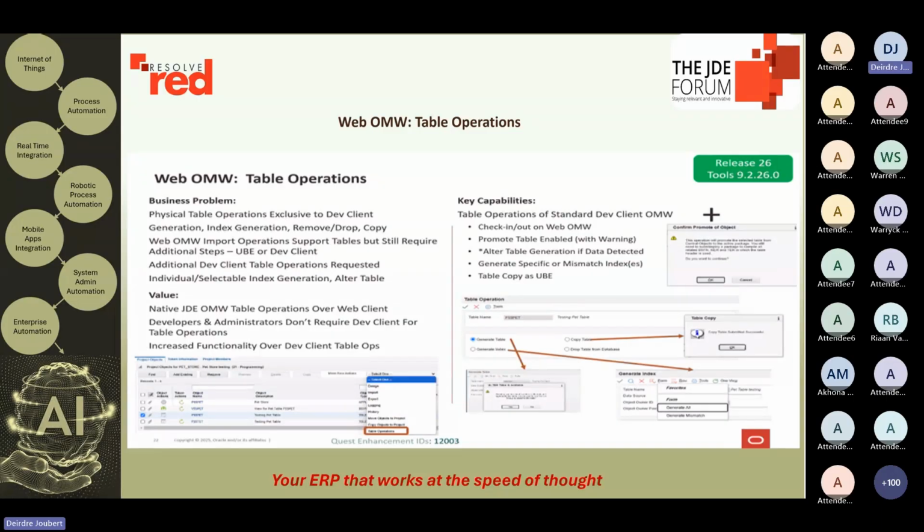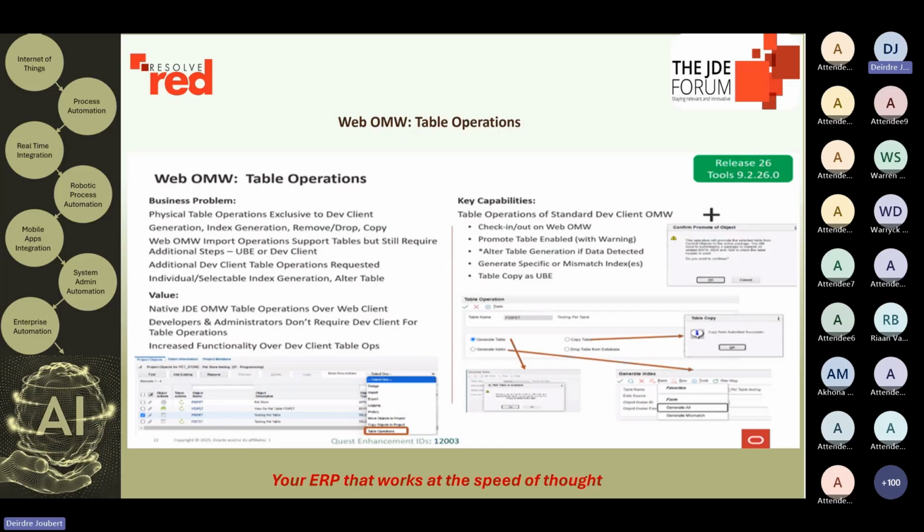Okay, the next enhancement is an addition to the Web OMW, as Oracle had started moving some of the OMW capabilities from 9256, but not all functionalities were brought to the web. Now they've added table operations, and this feature empowers developers and administrators to perform structural changes like table alters and index management directly through the web interface.